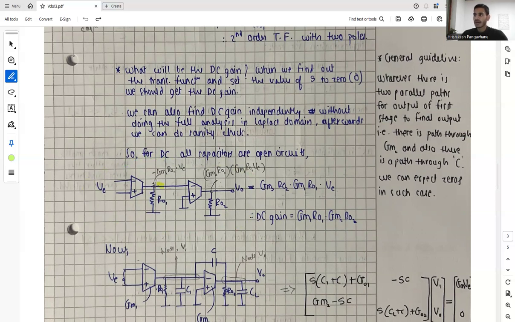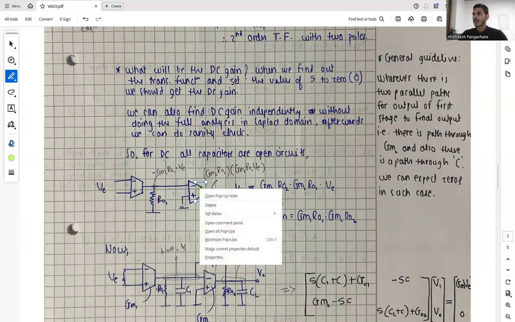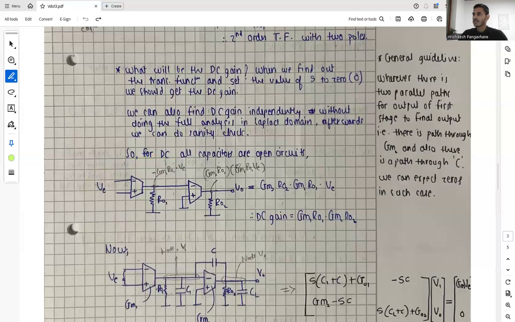So we know at this point the voltage is basically the current Gm1 R1 times Ve, which is applied at this OTA, and which will give as its output voltage Ro times Gm2, which is the current, and the input voltage or the gate voltage is basically Gm1 times Ro1 times Ve.